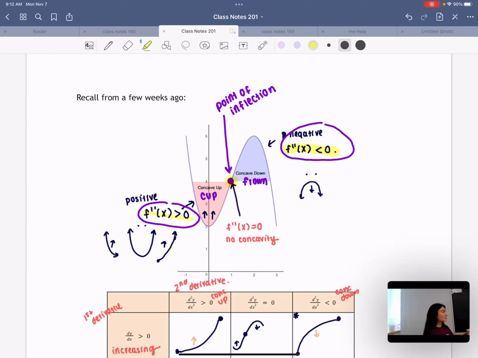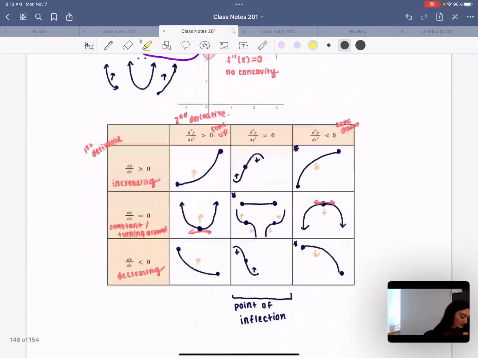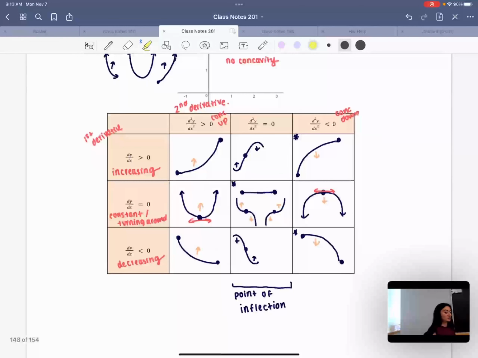A point of inflection is when we switch from concave up to concave down, and the second derivative is equal to 0. I think we did a little activity a long time ago where we talked about what the function looks like when it's concave up, what it looks like when it's concave down, and increasing, decreasing, things like that. I'm not going to spend too much time on this. We'll see this happen in our examples, but this is just a reminder of what we did with concavity last time.